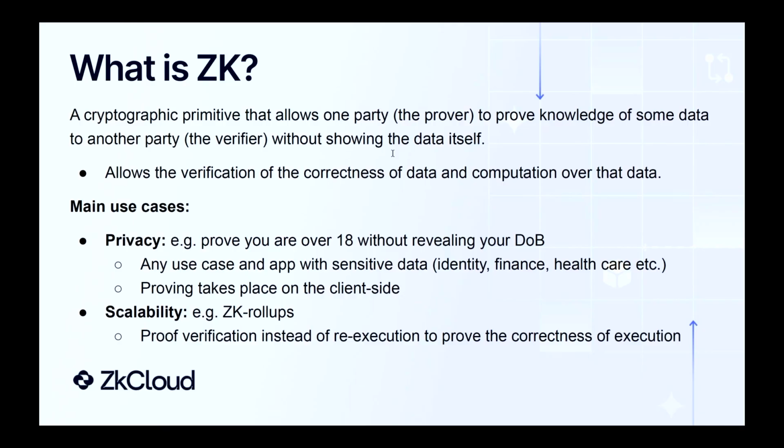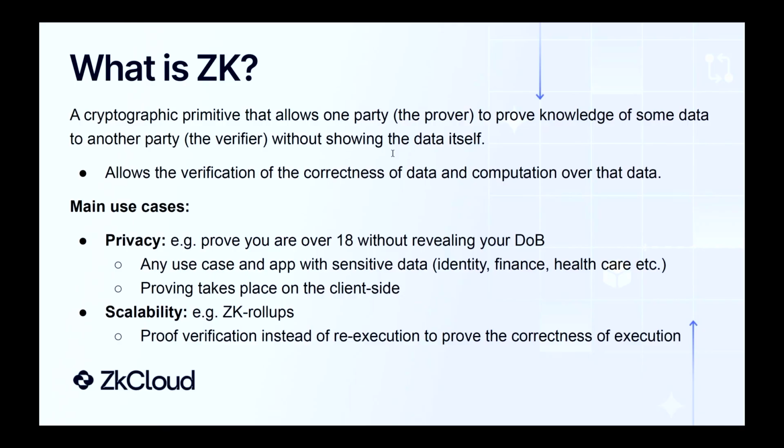Some of the main use cases of ZK, as you most probably know, are privacy and scalability, and obviously others as well. When we talk about privacy, we talk about any use case that has anything to do with sensitive data. It could be finance, identity, healthcare, etc.